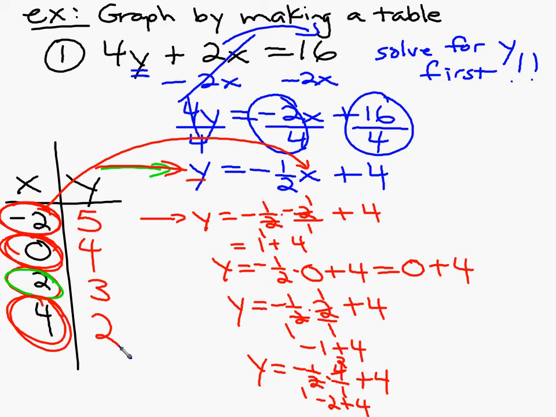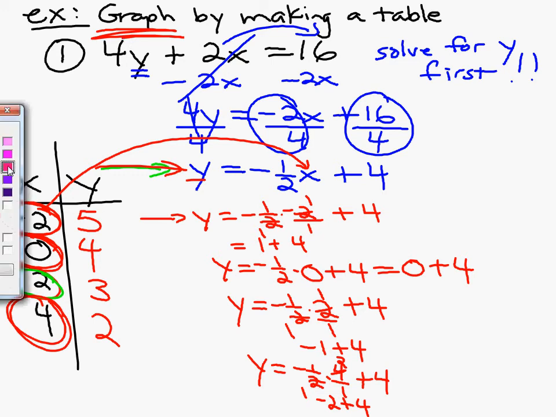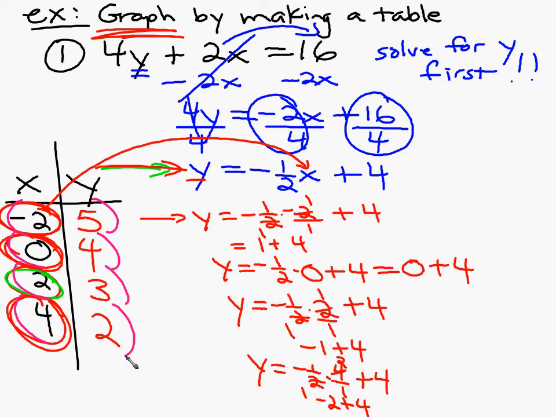And the hard part is done because we're supposed to be graphing this thing. Well, the graph is the easy part because now I have 4 ordered pairs that I just need to plot on a graph. Let's do that real quick.